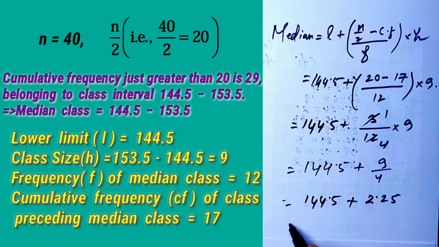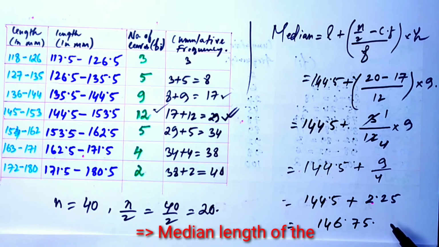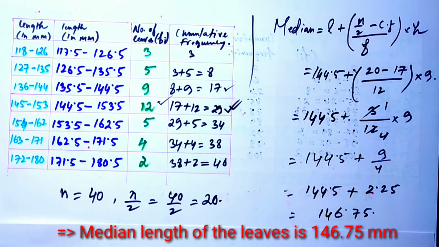So the total is 146.75. Therefore, the median length of the leaves is 146.75 millimeters. This is our answer.